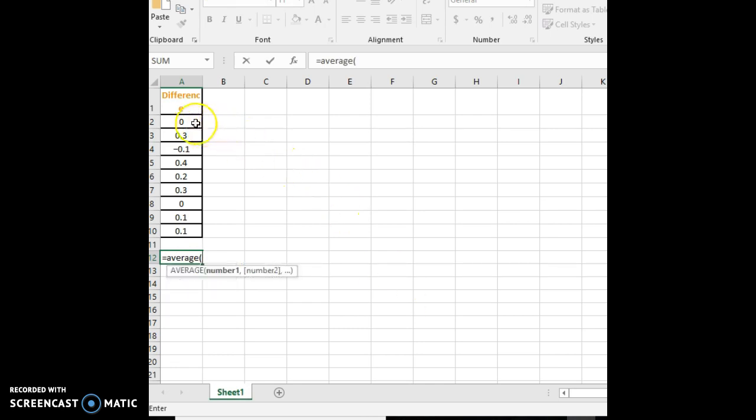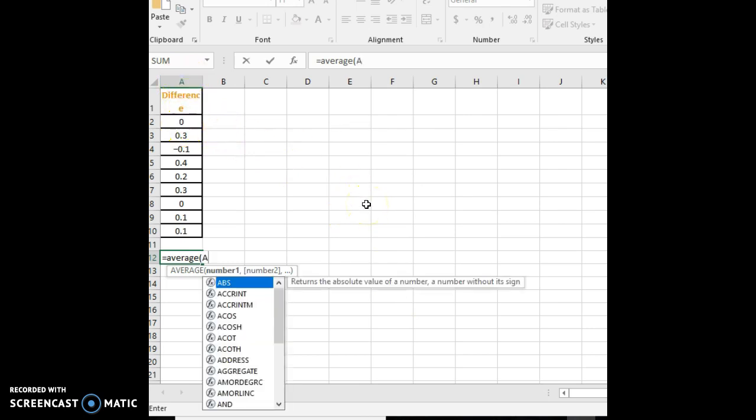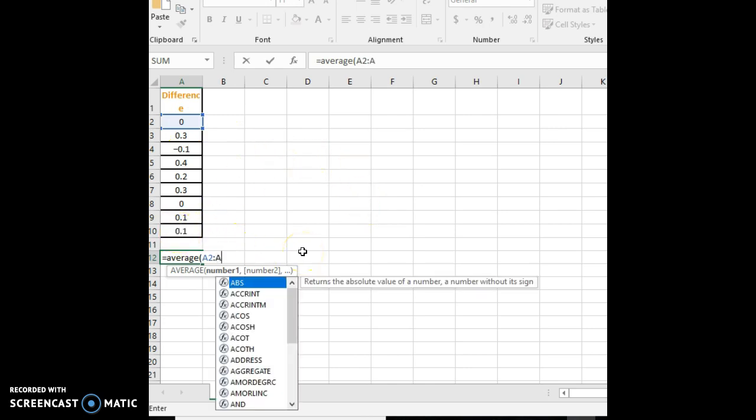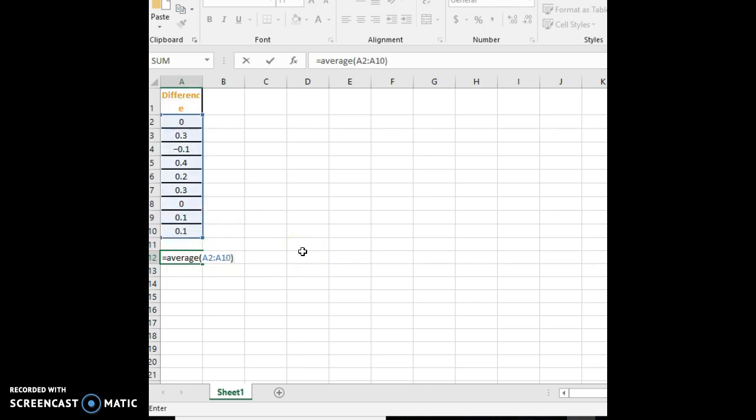Now, notice my very first number is in column A, position 2. So I'm going to do A2 colon, and then the last one is in position 10, A10. And that's telling it to average everything that is between the second cell and the 10th cell.